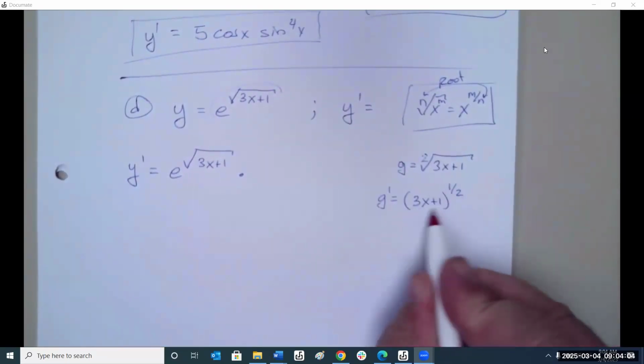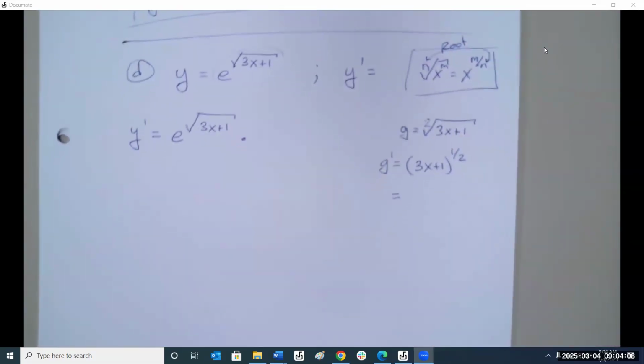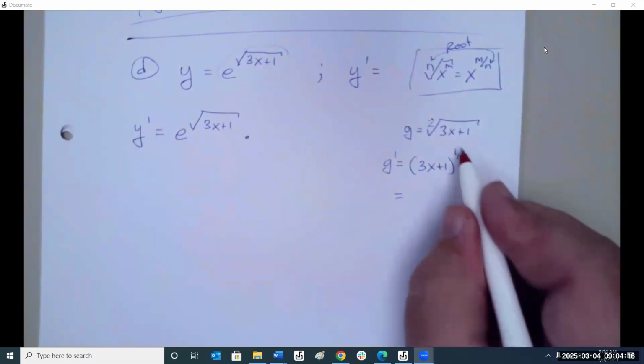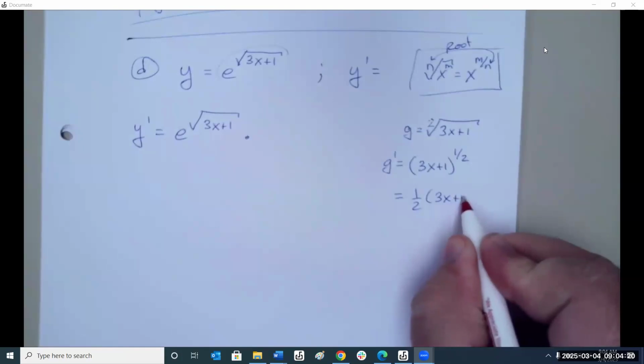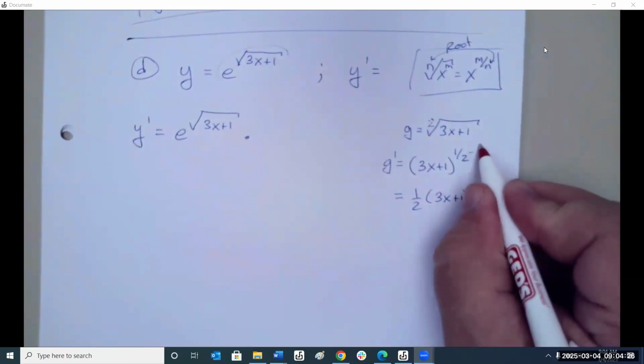So how do we take a derivative of this function now? Bring down the power, with 3x plus 1. And do what with the top? Subtract 1.